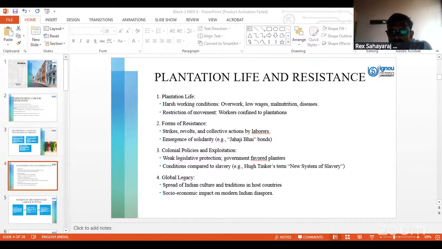So this is the condition when we see the labor system of colonial plantation life and resistance, and the weak legislative protection. They started all sorts of protesting, and these are the conditions of plantation life and resistance there.